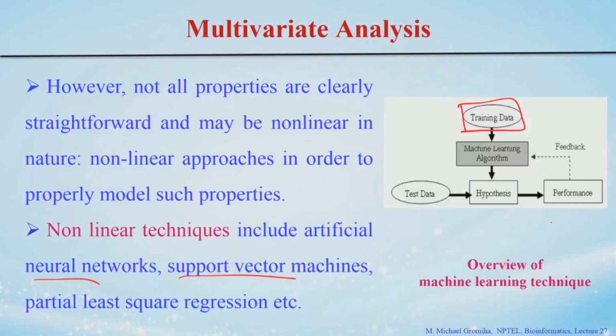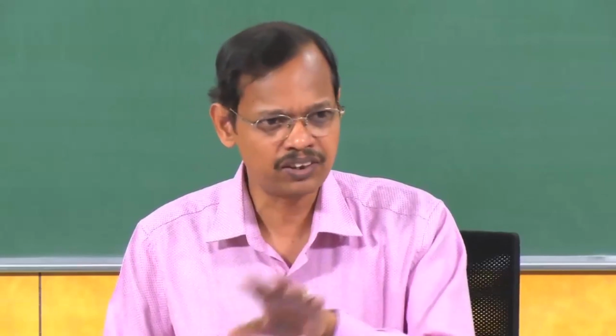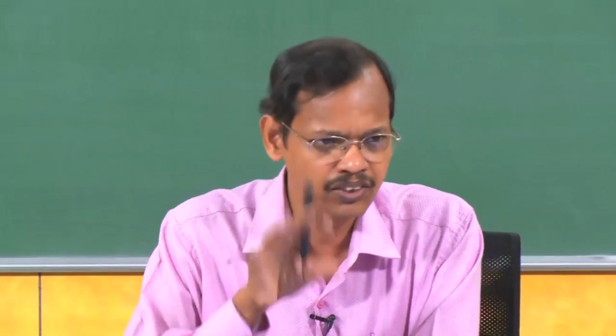Then we evaluate the performance to see whether it is fine or not. Otherwise, based on the performance you give feedback, and machine learning will optimize the features to get the best performance. We will discuss the machine learning techniques maybe in later classes.